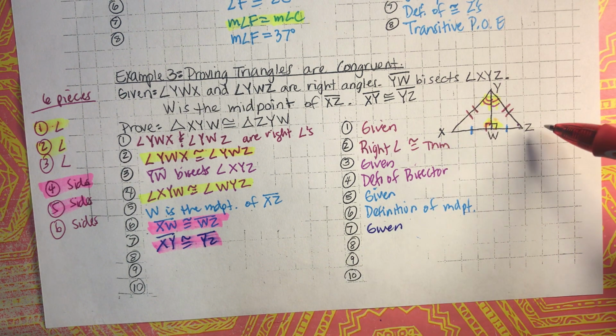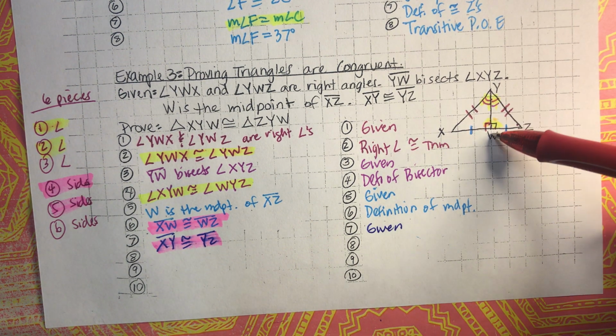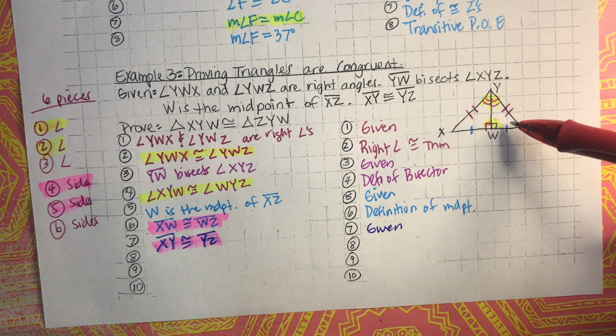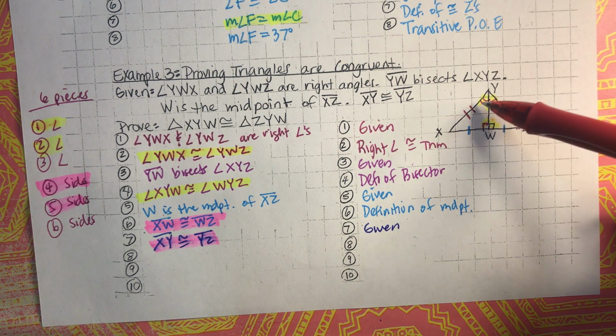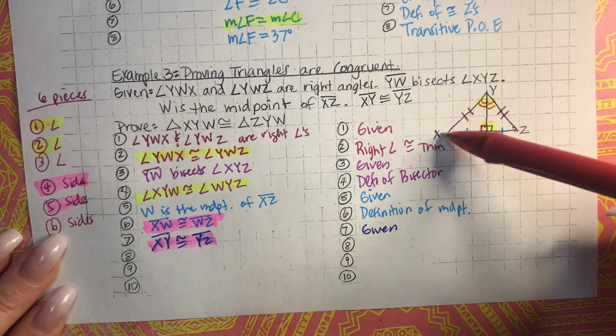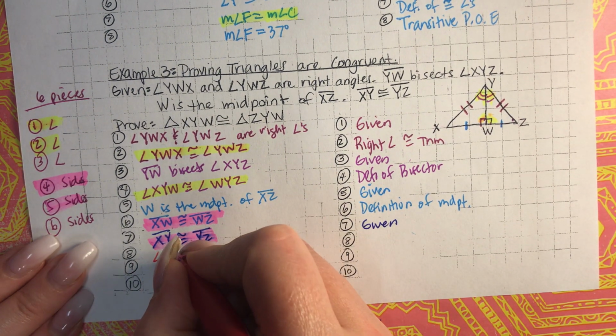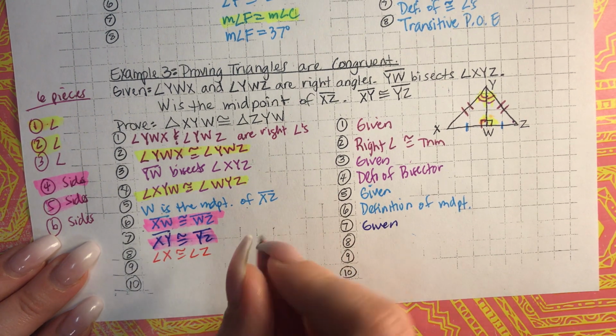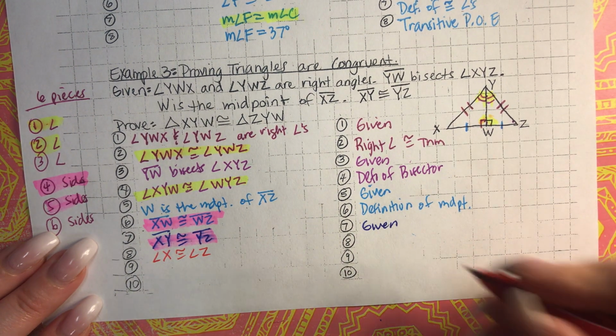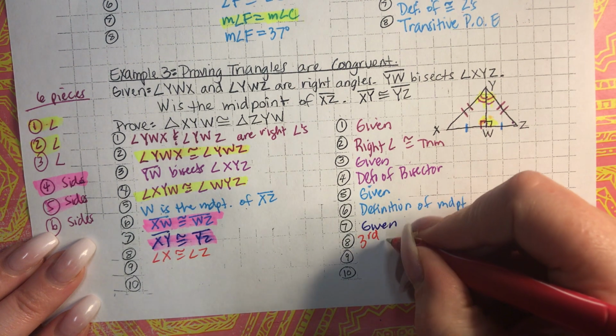Angle X being congruent to angle Z. Well, do you remember, if you have 2 sets of corresponding angles that are congruent, then angle X is congruent to angle Z because of the third angles theorem.